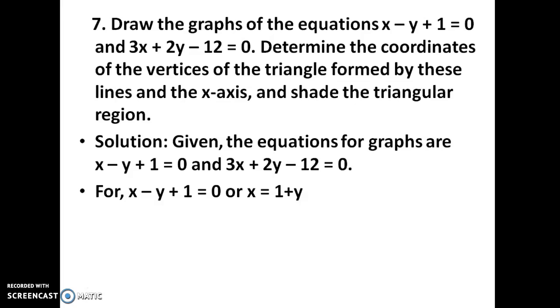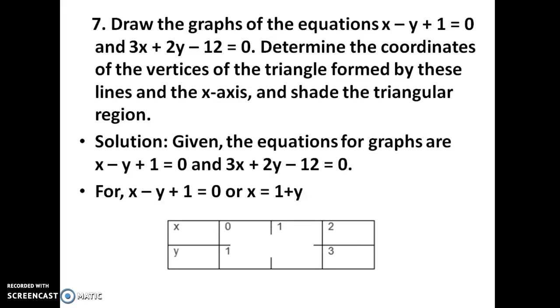Given equations: for the equation x minus y plus 1 equal to 0, you are going to find the solution. This is the solution table. It's easy: 0, 1; 1, 2; 2, 3. These are the coordinates.